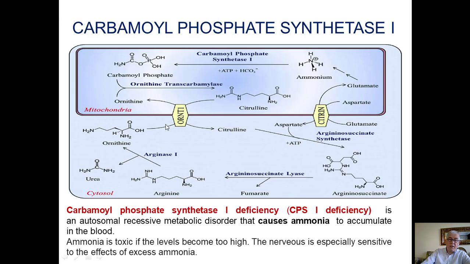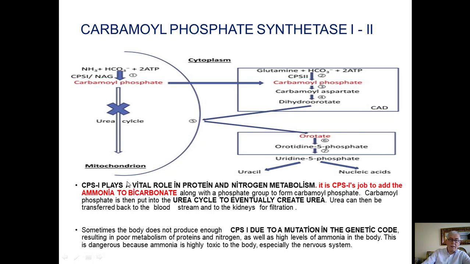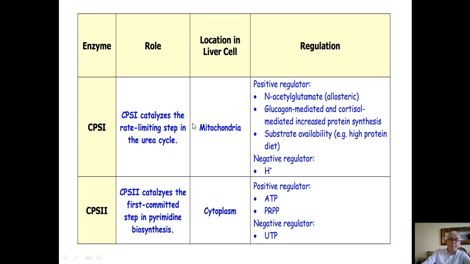In some cases, you have a problem with the mitochondrial membrane. Carbamoyl phosphate leaks to the cytosol from the mitochondrial matrix and enters pyrimidine synthesis. It is possible. As I told you, the first enzyme is responsible for nitrogen and the urea cycle in mitochondria. The other one is in the cytosol, also produces carbamoyl phosphate, and is used in pyrimidine synthesis.